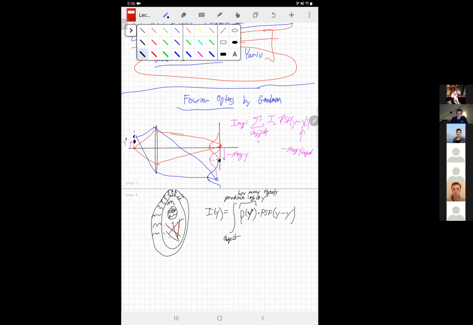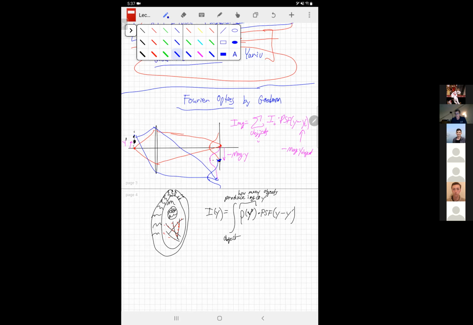Then we multiply by a PSF, a distance y minus y prime away, because I'm not necessarily measuring the light right here. If we formed perfect point images, then all of this would be easy and we wouldn't even have to develop any theory. It would be a trivial thing that no one will ever pay you to do because it's too easy.